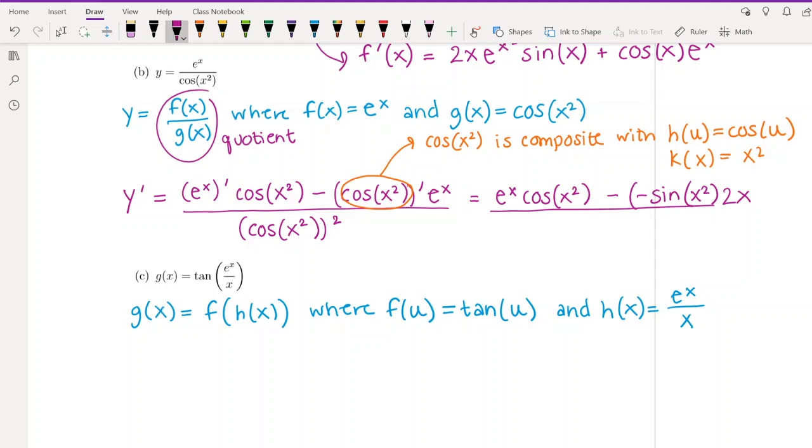And then from here, we need to multiply this with e to the x. So all I did was replace where I had originally written cosine of x squared prime with the derivative of cosine of x squared. And in order to find that derivative, we did have to use the chain rule. And then the denominator is cosine squared of x squared. And then you can take it from here with simplifying it.